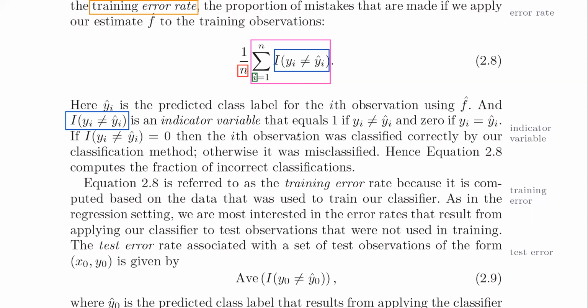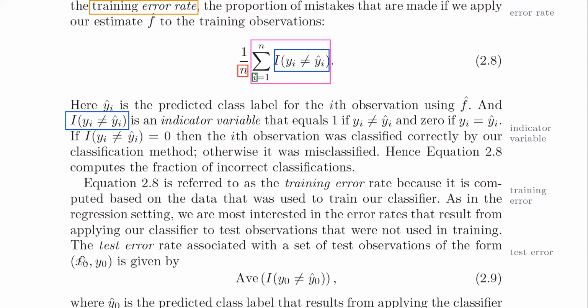The test error rate, it's exactly the same calculation, but it's going to use data that has not been inputted in the creation of the model. The test error rate associated with a set of test observations of the form x naught, y naught is given by this.